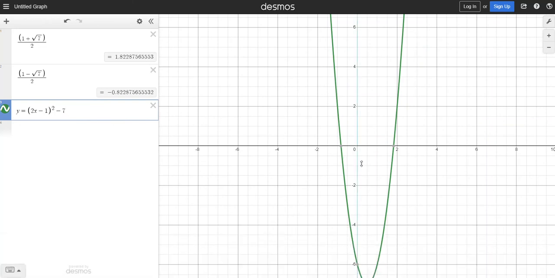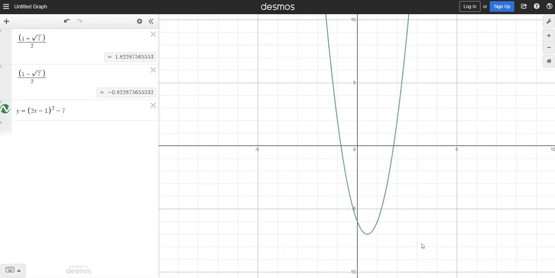There it is. And we wanted this to be greater than 0. So I'm going to locate the zeros by clicking on the x-intercepts. There's my negative 0.82 and my positive 1.82.